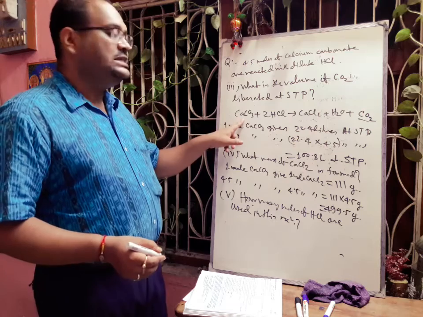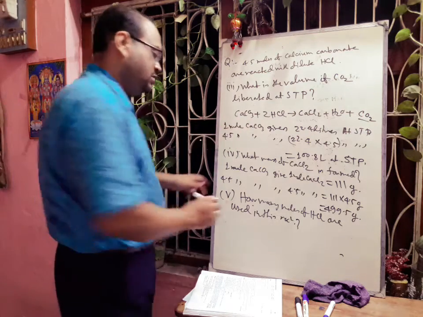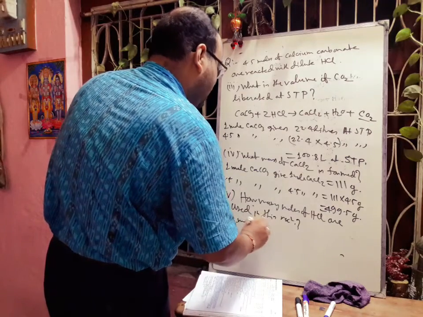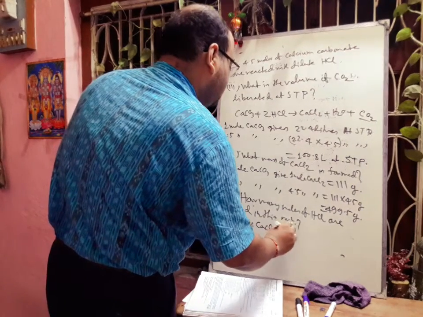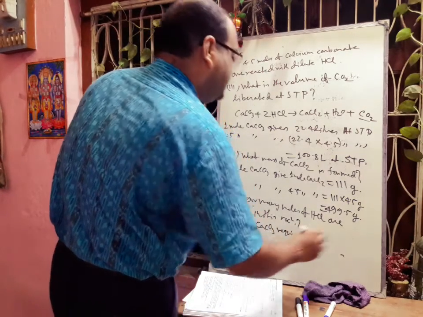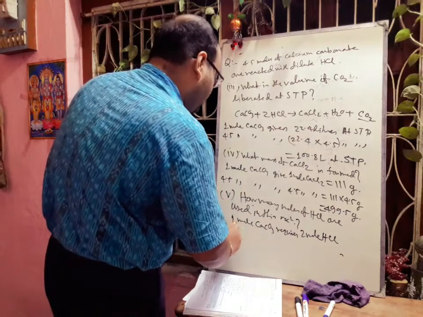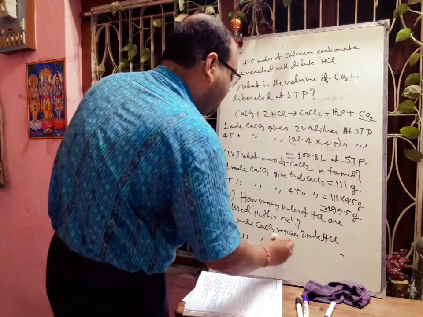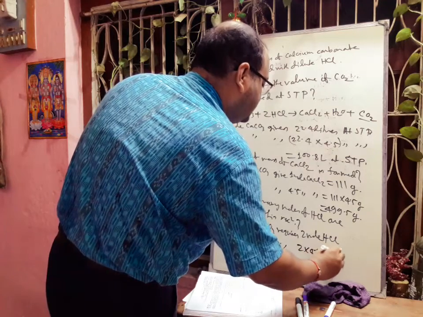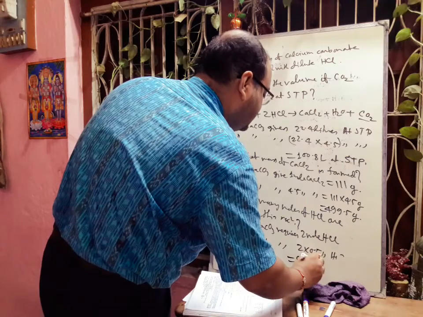So from here we can easily calculate 1 mole calcium carbonate requires 2 mole HCl. So 4.5 mole calcium carbonate will require 2 into 4.5 moles HCl. If we multiply 2 into 4.5, that is 9 moles HCl.